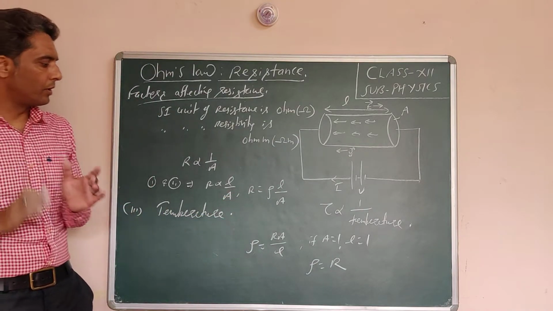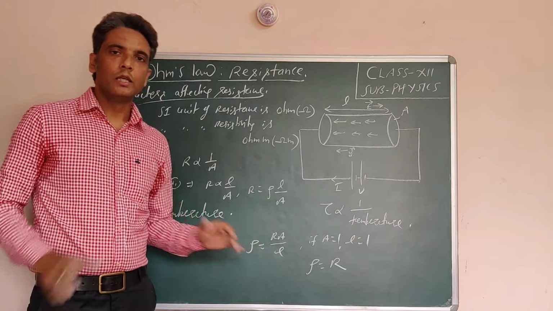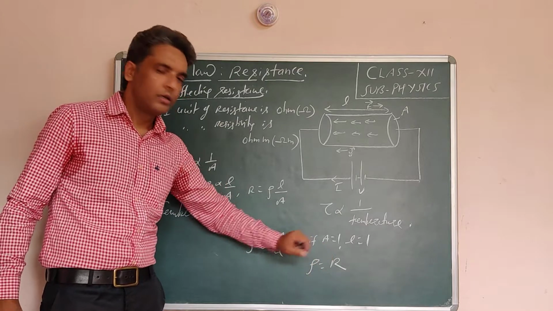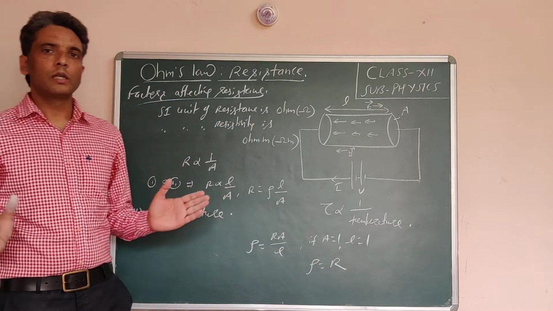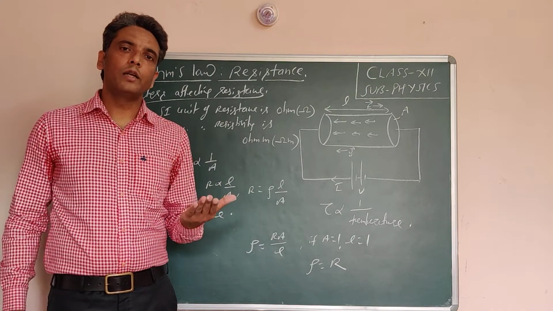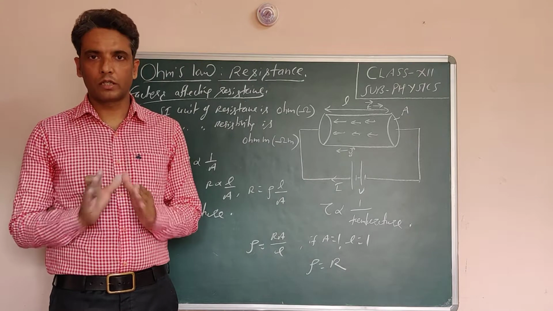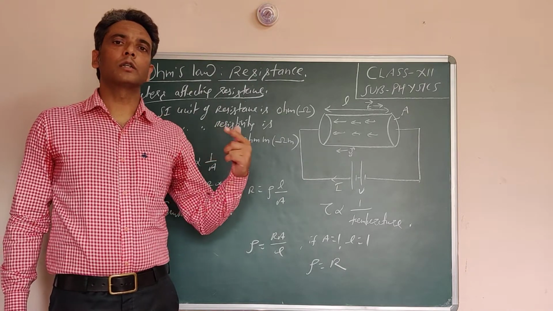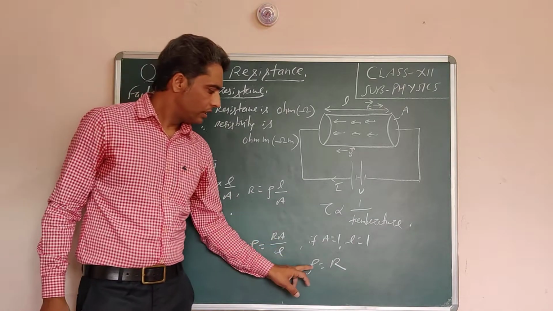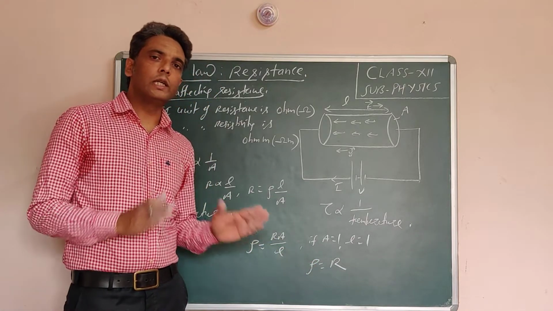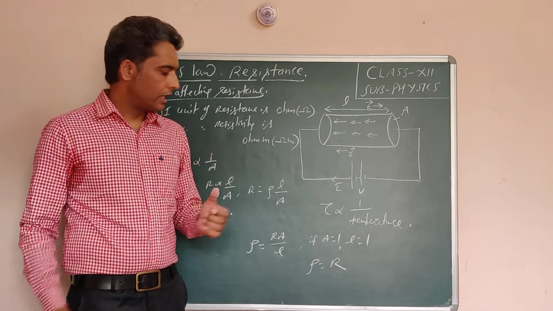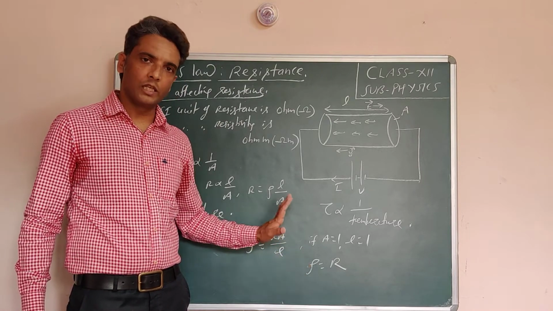Actually the main difference between resistivity and resistance is that resistivity is the property of the material, but resistance is the property of the wire. Means resistance for a conductor is different depending on the dimensions of the conductor. If the length of the conductor is large, then resistance will be large, but resistivity at a particular temperature has the same value for a conductor of any dimensions. That is, it is the property of the material.